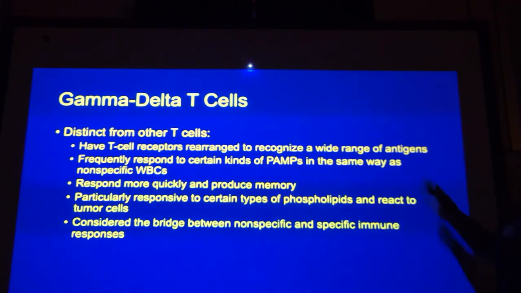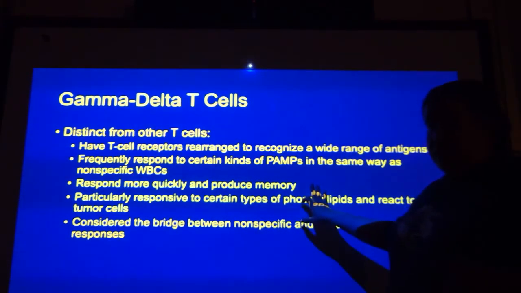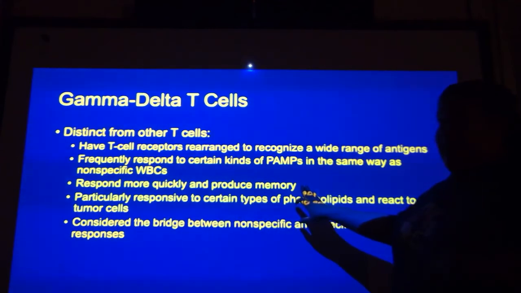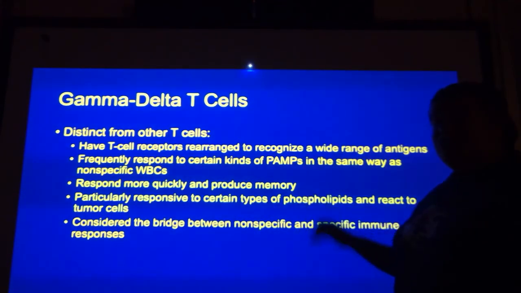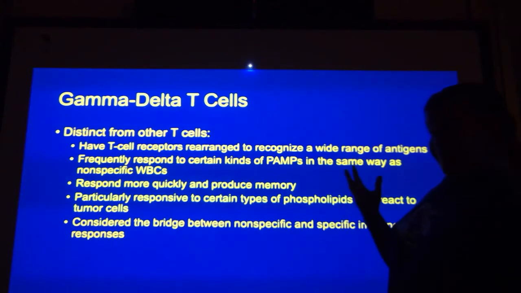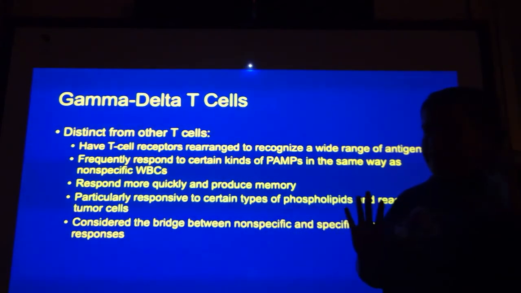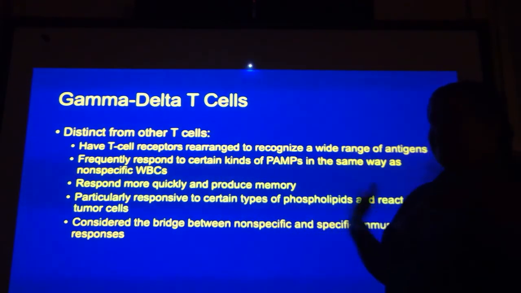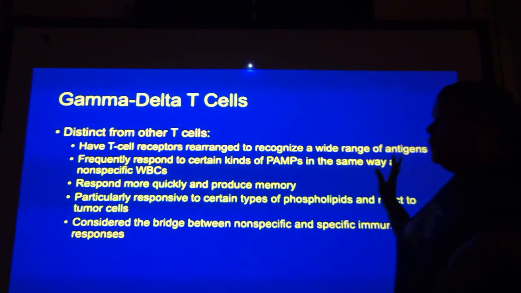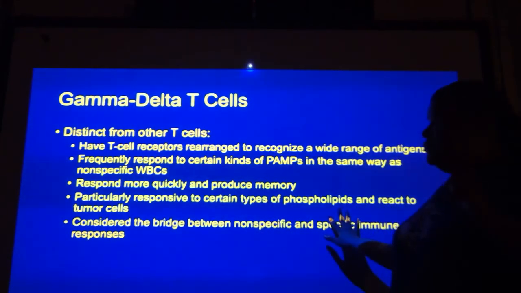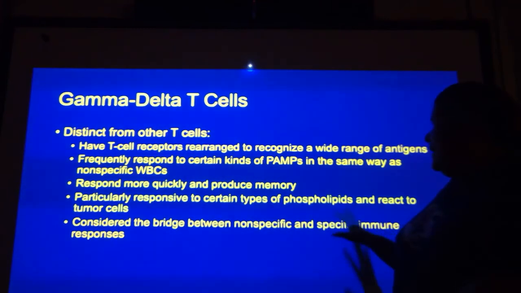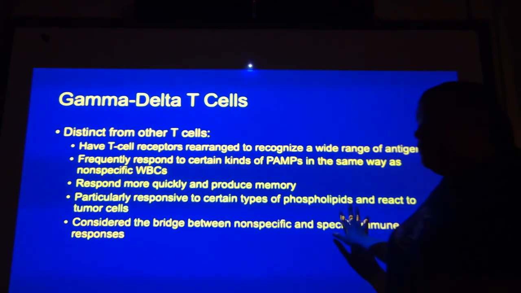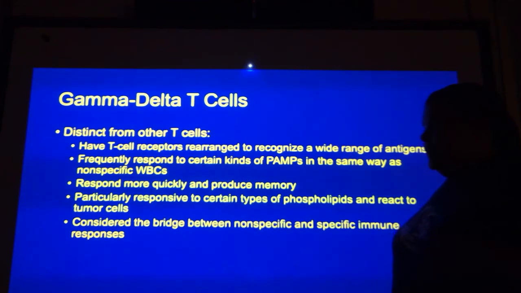Pretty much it responds in a very similar fashion, but they do respond faster than those cells, and unlike our non-specific cells, they do produce memory, which is weird because it's half and half. That's why we always say that gamma delta cells are kind of splitting the fence between the two. They are particularly responsive to certain types of phospholipids, and they do react to tumor cells as well. And just like I said, they're kind of a bridge between non-specific and specific responses.